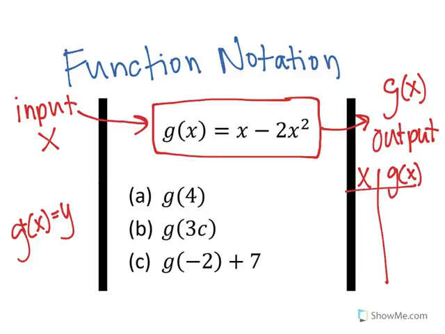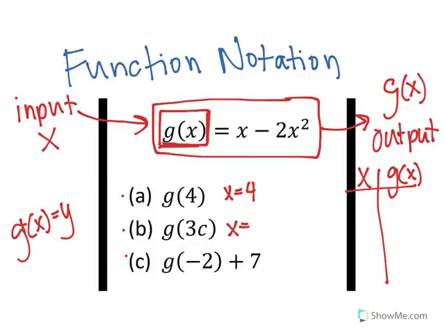Now that we are using function notation, the only difference is that we are now using g, the function. So let's go ahead and try A, B, and C. In this first problem, x equals 4.